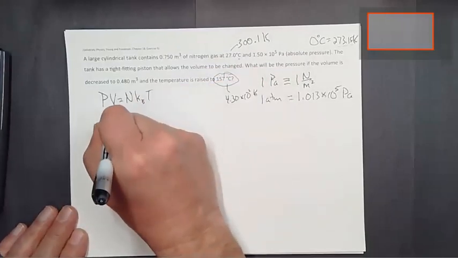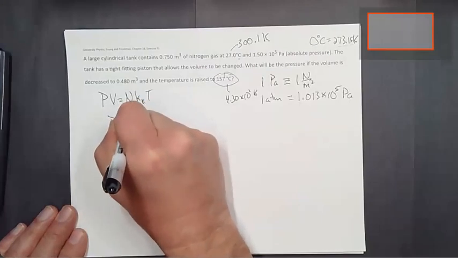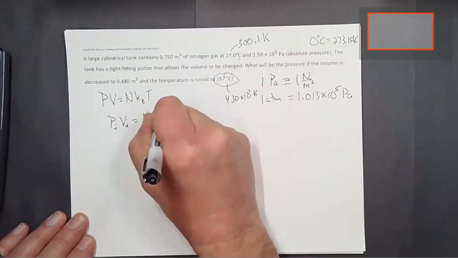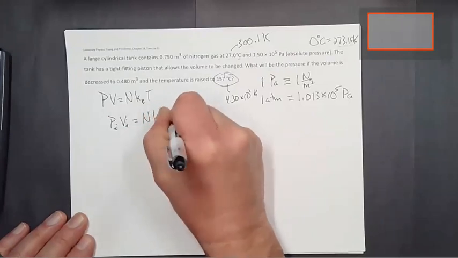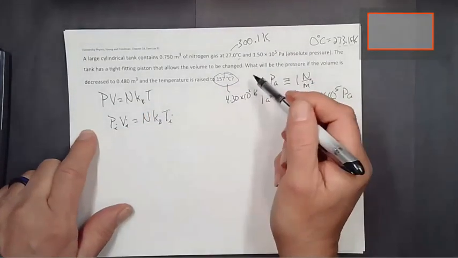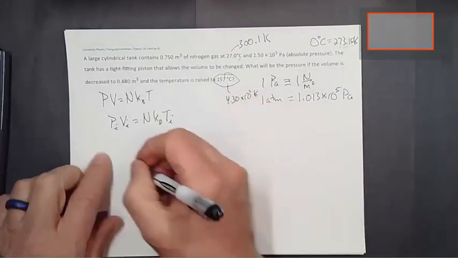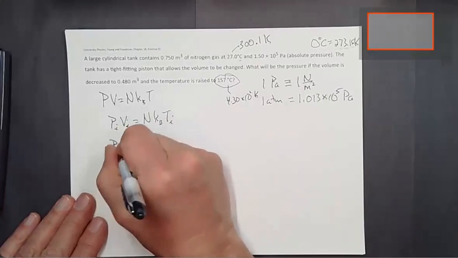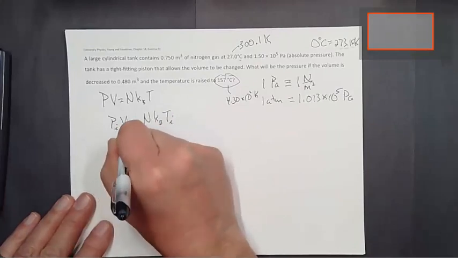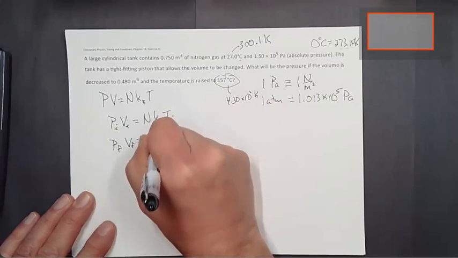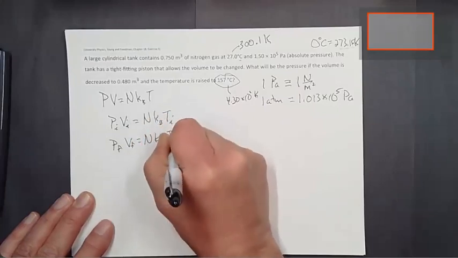We can say P initial V initial is going to be N k_B T initial, and then at the end situation, I've changed the volume. I'm after the final pressure. I can say P final V final is going to be N k_B T final.